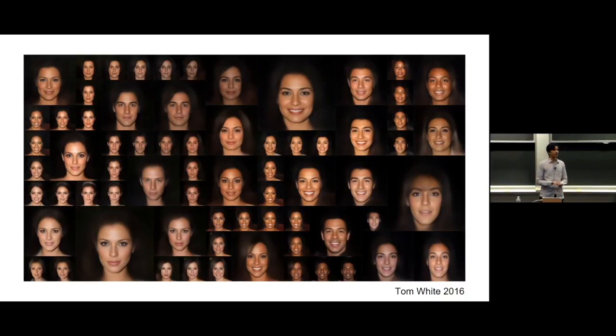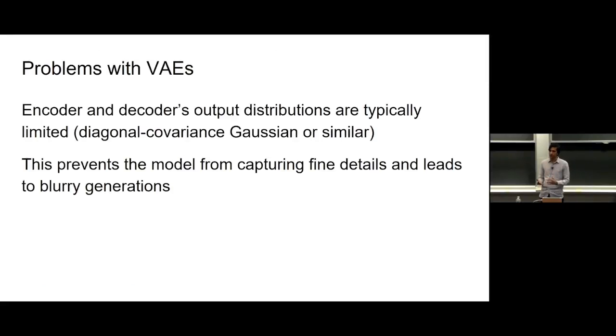But in fact, the standard formulation as you implement it tends to suffer from a few problems. And this problem is that the encoder and the decoder tend to be limited. I mentioned that VAEs add probabilistic semantics basically to the entire autoencoder picture. And in doing so, they define a sort of restricted class of possible probability functions, both in their encoder and their decoder.